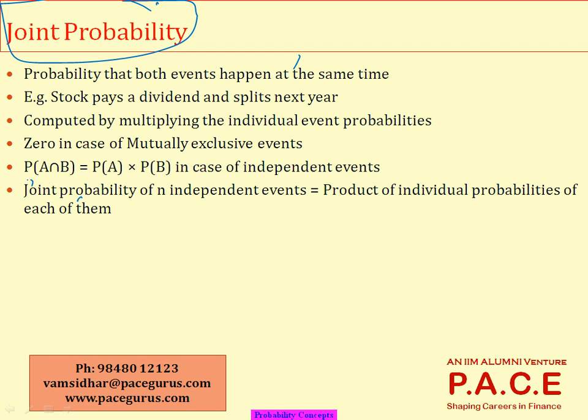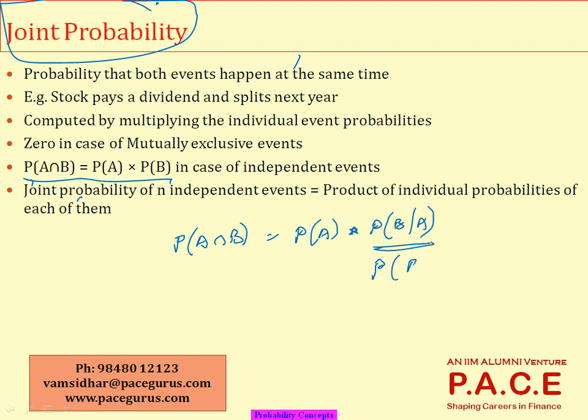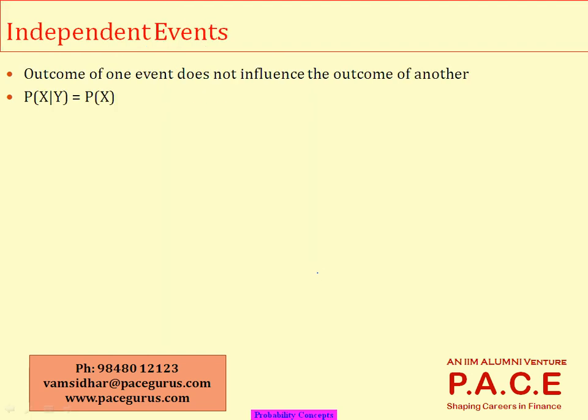So this is the expression associated with the joint probability, because we have said P of A intersection B is equal to P of A multiplied by P of B given A. And in case the events are independent events, P of B given A will directly boil down to P of B, because it is nowhere dependent on A. So whenever we talk about n independent events, the probability of all of them occurring together is nothing but the multiplication of their individual probabilities. That's one more thing we have to be comfortable with in terms of understanding the probability fundamentals.